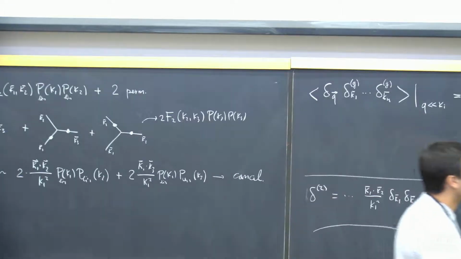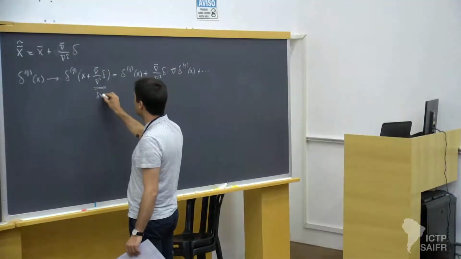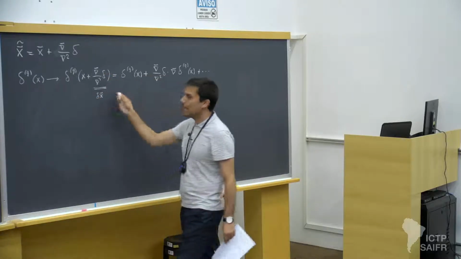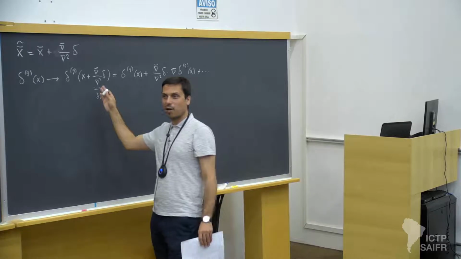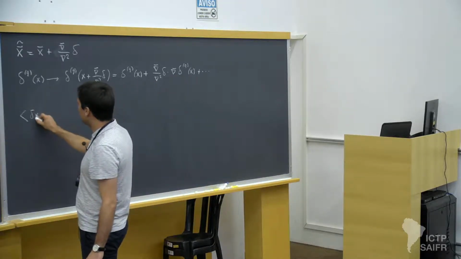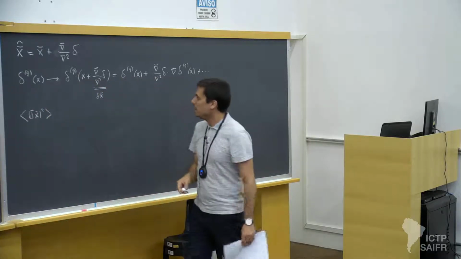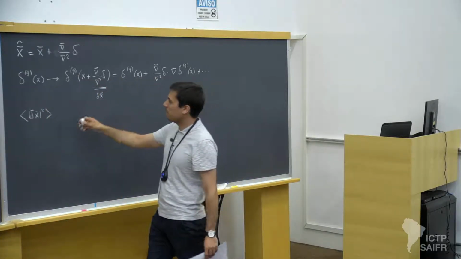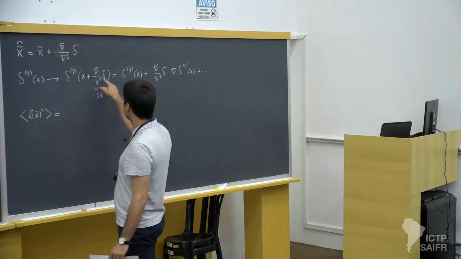So this somehow suggests that this delta x, that these displacements are large. They're not small. And in fact, we can calculate how large they are. So we can calculate, for example, the variance of this displacement field. Okay? How big are these things? And that is very easy to do. You just go to Fourier space, as always. So I have delta x times delta x. Delta x is this.